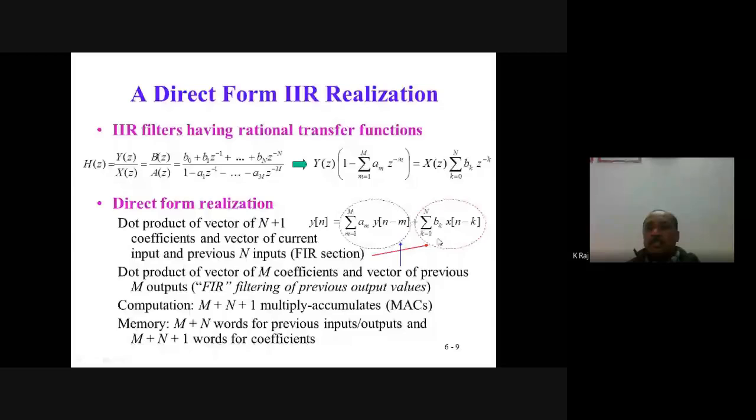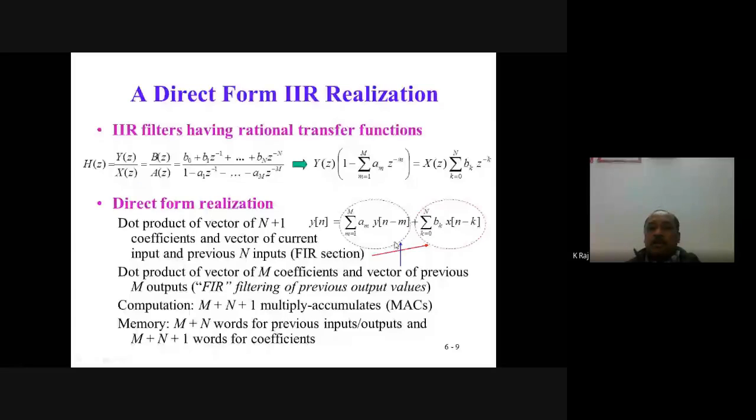If only this section exists, then it is only the FIR section. And the second part is the dot product of the vector of the M coefficients and the vector of the previous M outputs. It means the FIR filtering of the previous output values is taking place here.